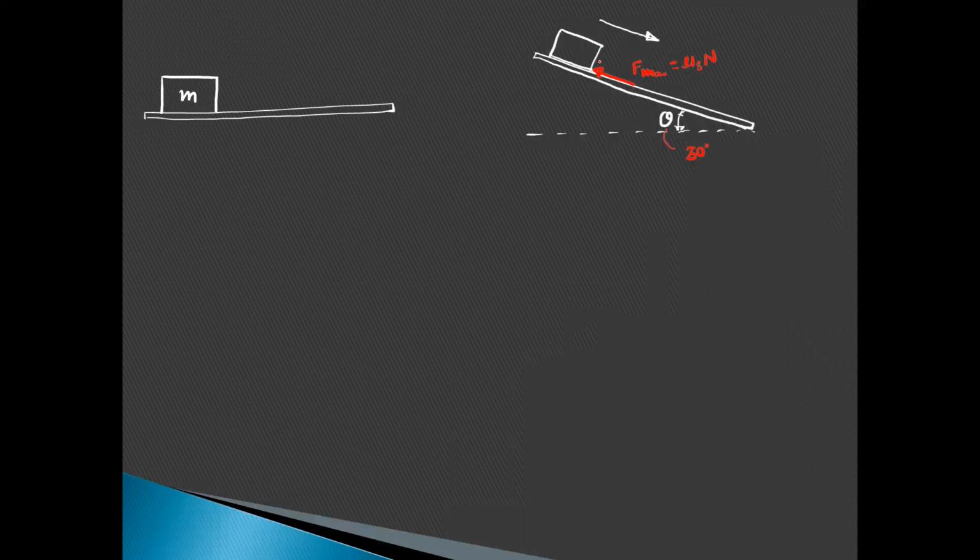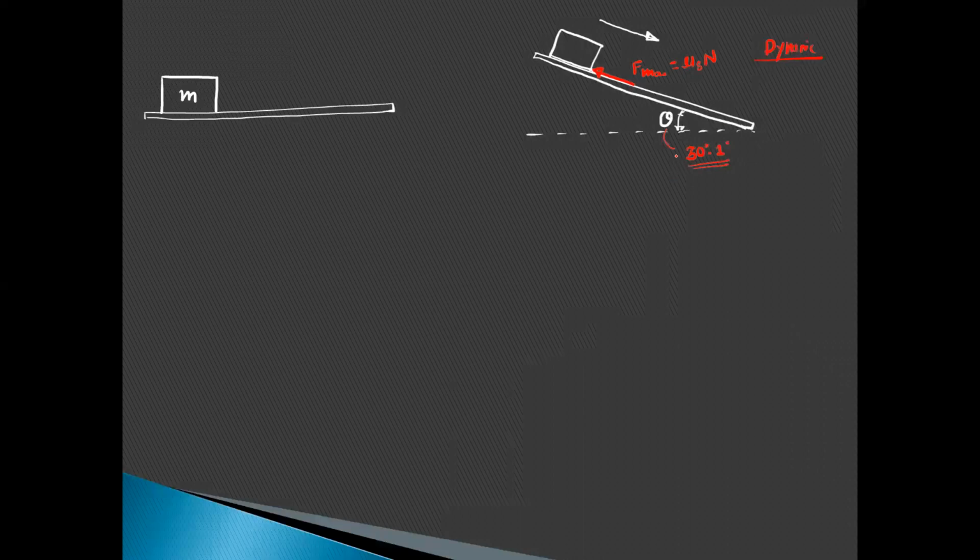Verge of motion means the object is still in static condition. Beyond 30 degrees, even if I increase the angle by 0.1 degree, to 30.1 degrees, the object will immediately start moving downward, and that will be the dynamic or kinetic condition.